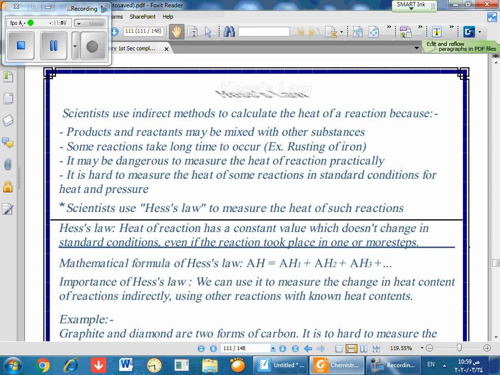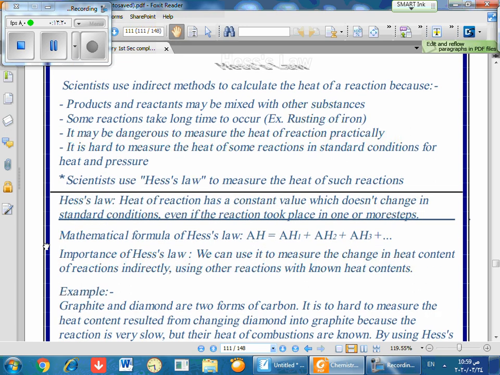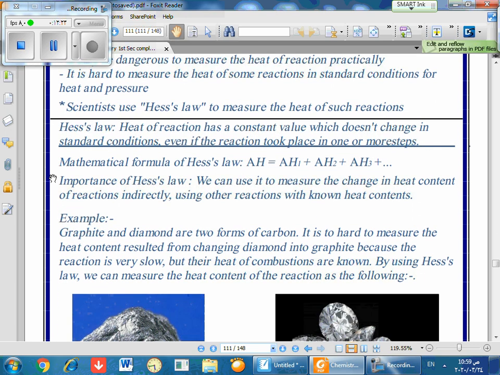So the heat of the reaction has a constant value which doesn't change in standard conditions, even if the reaction takes place in one step or more than one step. So the mathematical formula of Hess's law: delta H for the reaction equals H1 plus H2 plus H3 and so on.